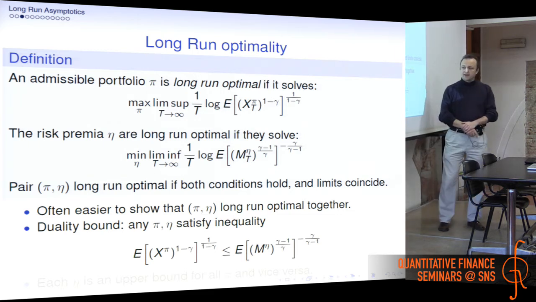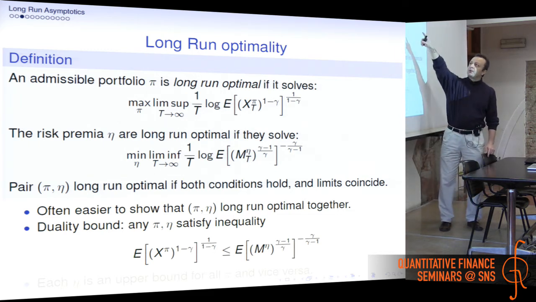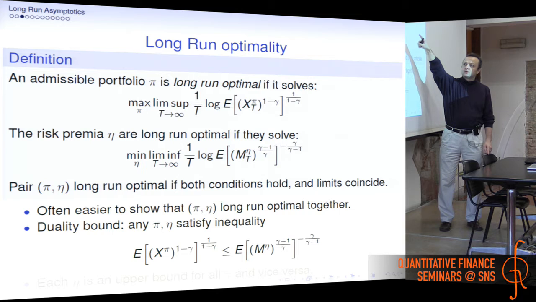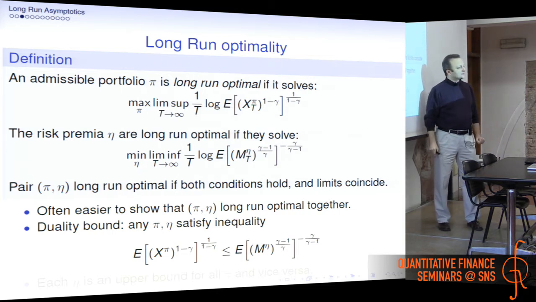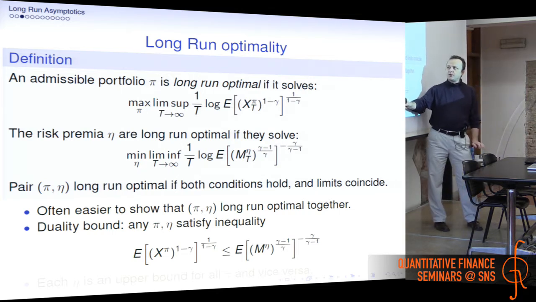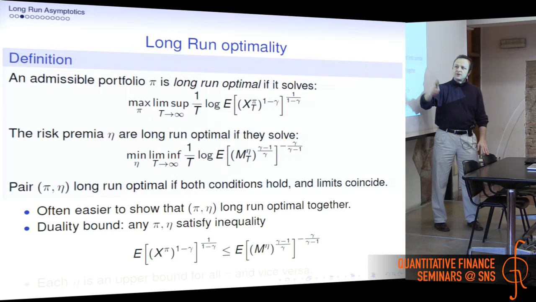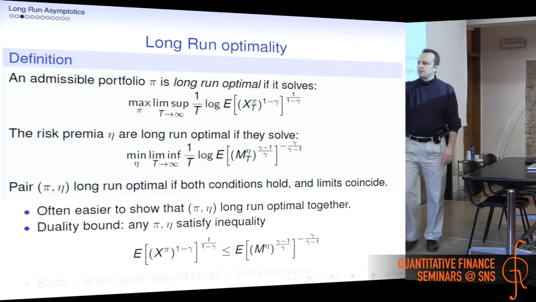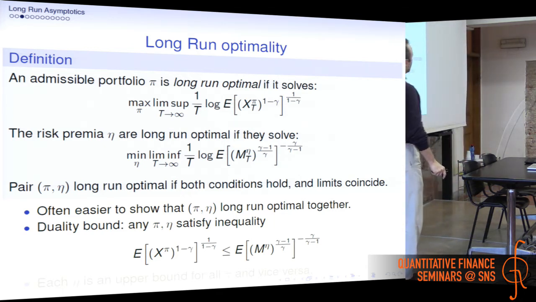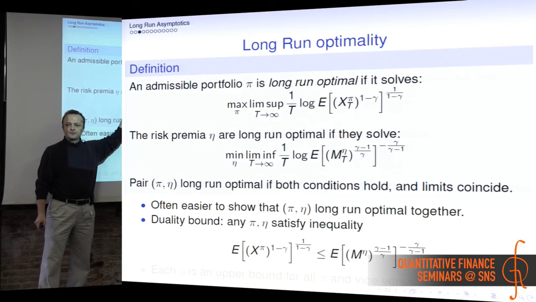So what we expect is that if we find a portfolio pi which achieves the highest rate of growth, and we find a risk premium eta which gives us a stochastic discount factor which achieves the lowest rate of growth, then these two growths should probably be the same. And in fact, we define a pair, pi eta, to be long run optimal if each of them is long run optimal and the limits are the same.